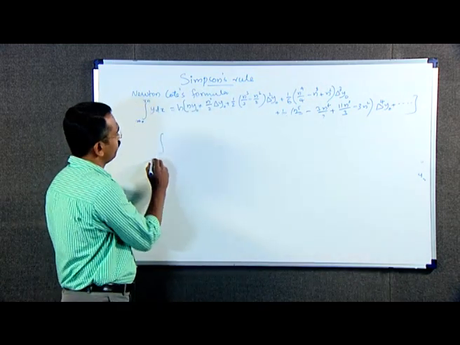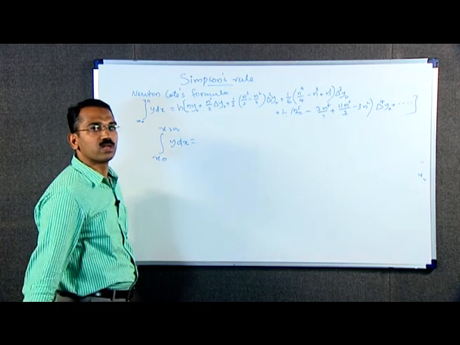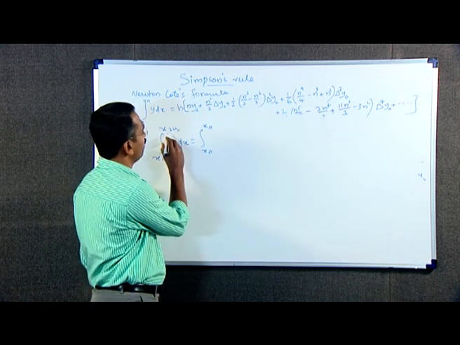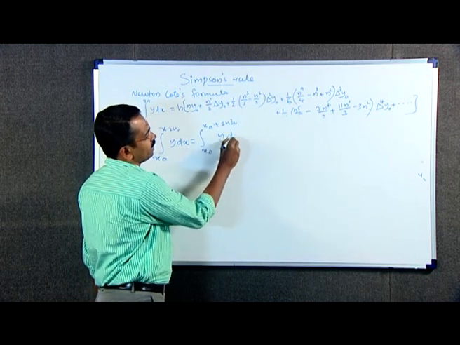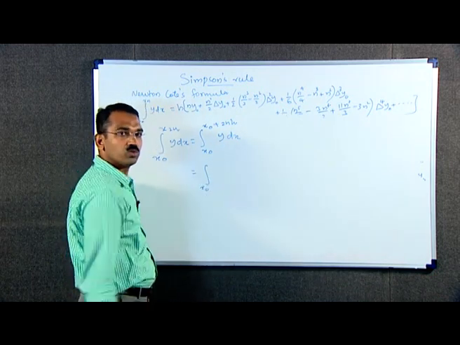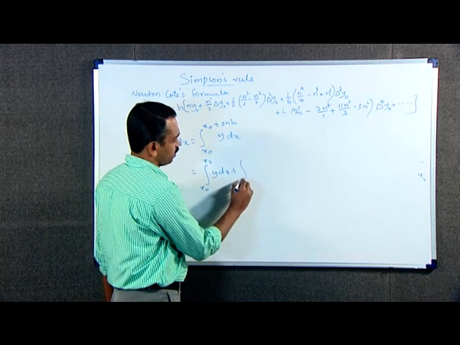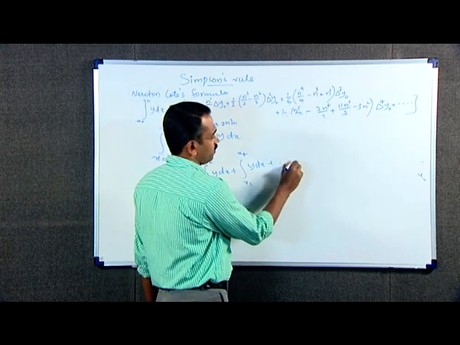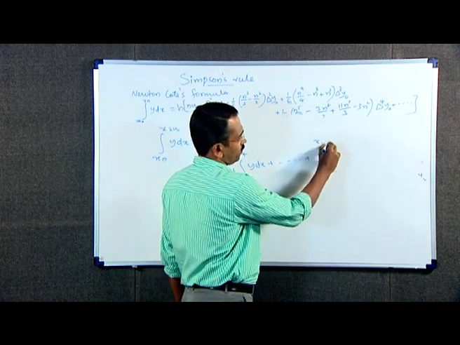We get integral from x0 to x2n of y dx is equal to integral from x0 to x0 plus 2nh of y dx, which is equal to integral from x0 to x2 of y dx plus integral from x2 to x4 of y dx plus etc. plus integral from x2n minus 2 to x2n of y dx.